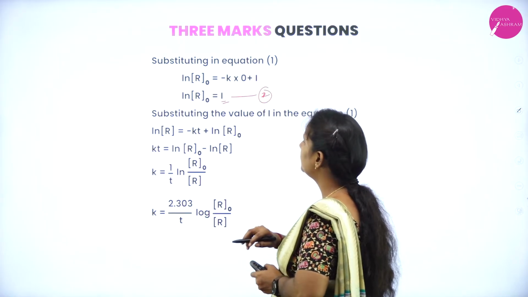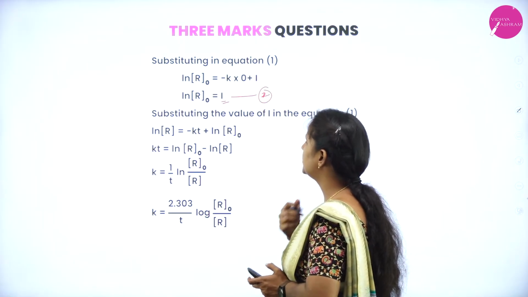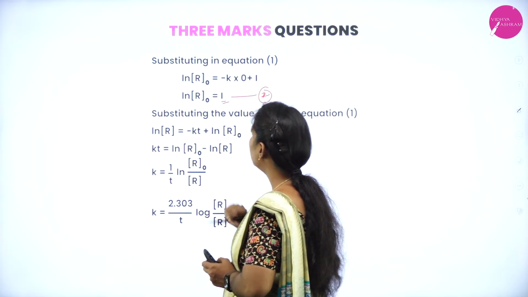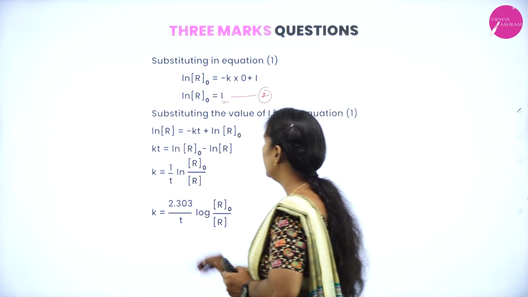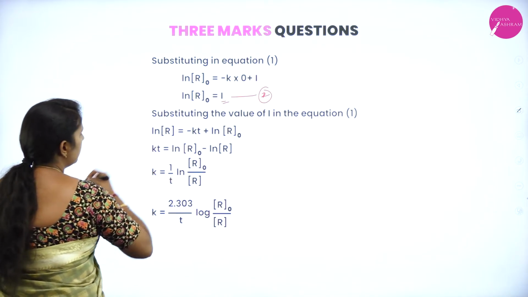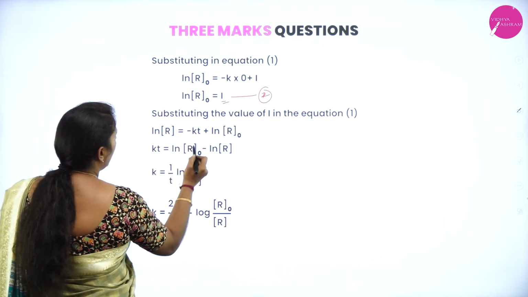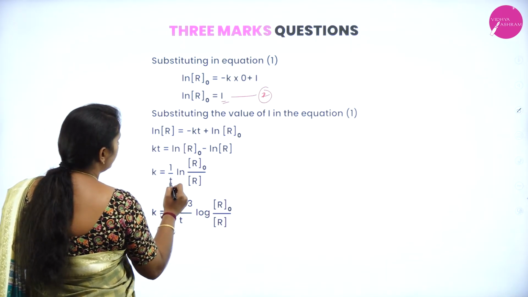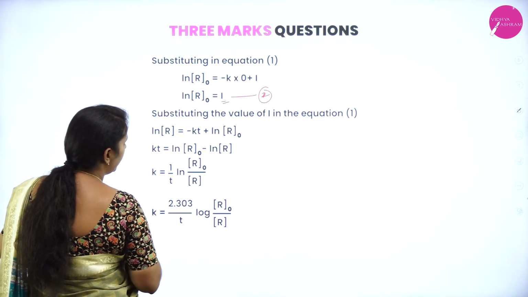Now, if you substitute equation 2 in the last equation, you will get ln [R] equal to minus kt plus ln [R]0. If you take kt outside, it becomes kt equal to ln [R]0 minus ln [R], or k is equal to 1 by t into ln of [R]0 divided by [R].